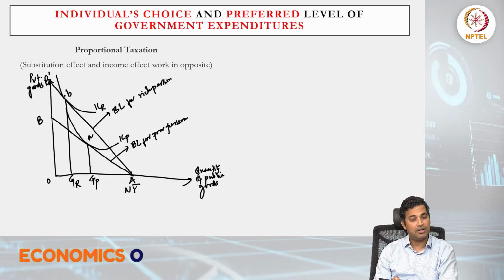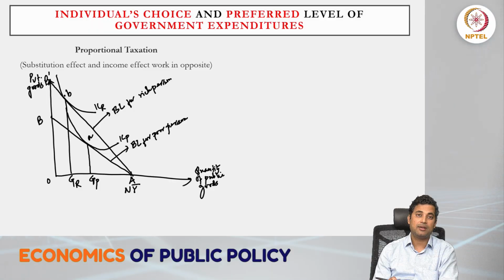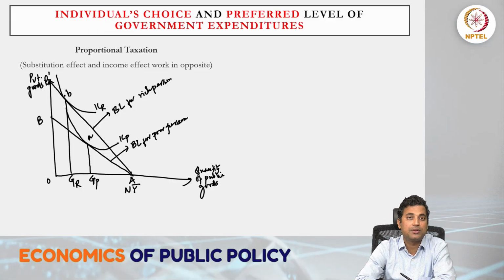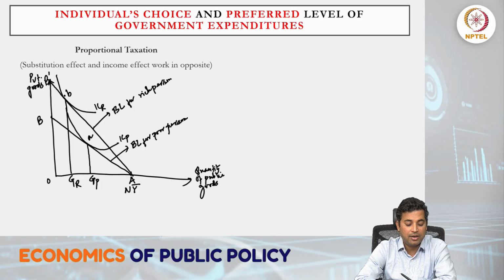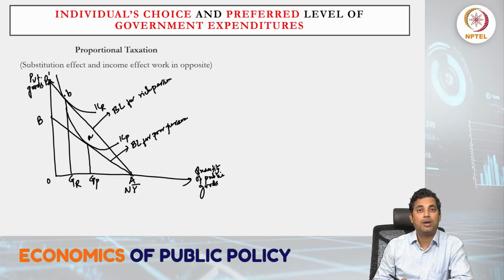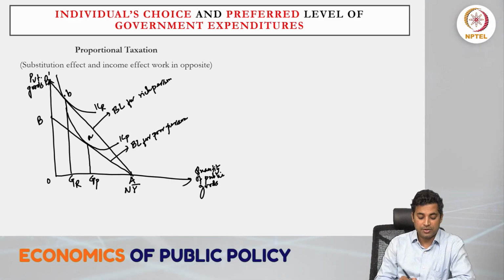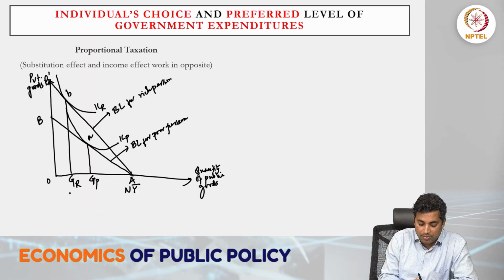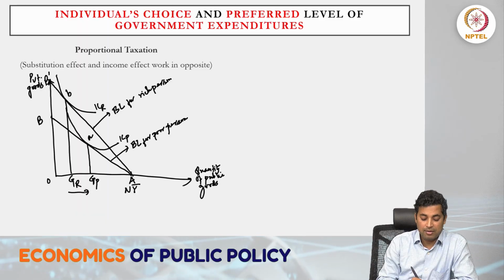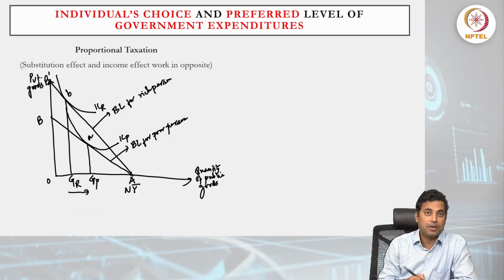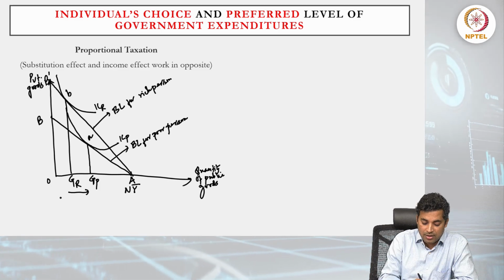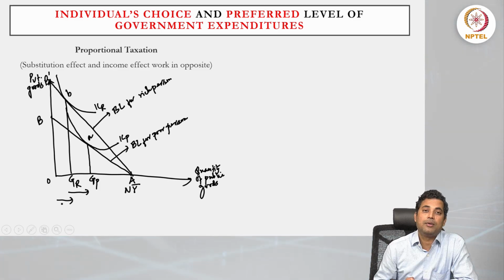But in the case of the poor person, the general tendency is toward more and more public goods consumption, and therefore they will have a greater quantity of public goods consumed. So the poor person will have more public goods consumption as compared to the rich person.